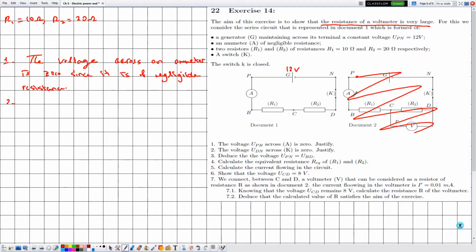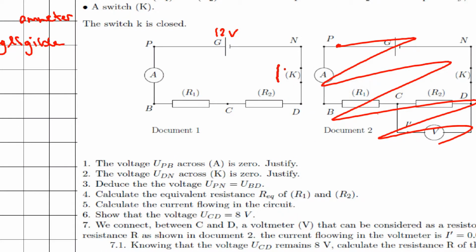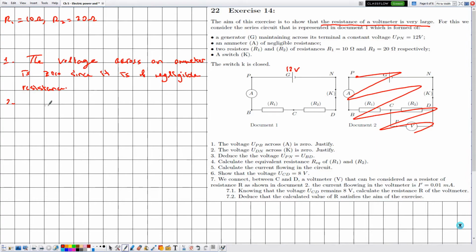Now in number 2, they are telling me the voltage UDN across K is 0. Notice that K is a closed switch acting as a connecting wire.